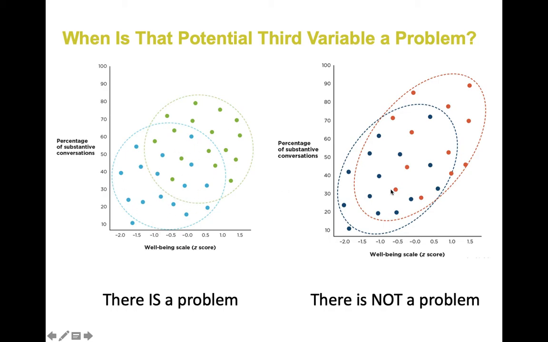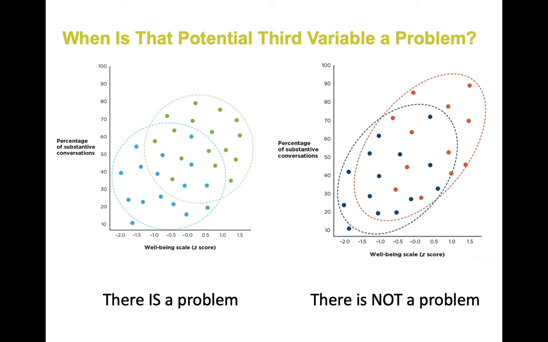But let's look at the example and the scatter plot on the right. We'll make our more educated people the orange dots here, and the less educated people the navy dots. And if you look at each of those subgroups separately, you see that there's still a positive association between deep talk and happiness. So if you only look at the orange, still a positive correlation. If you only look at the navy, still a positive correlation.